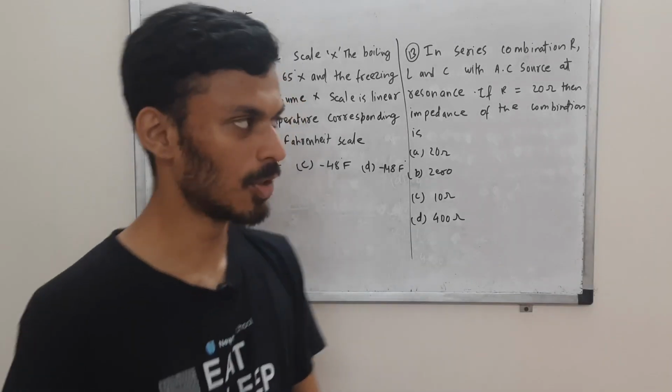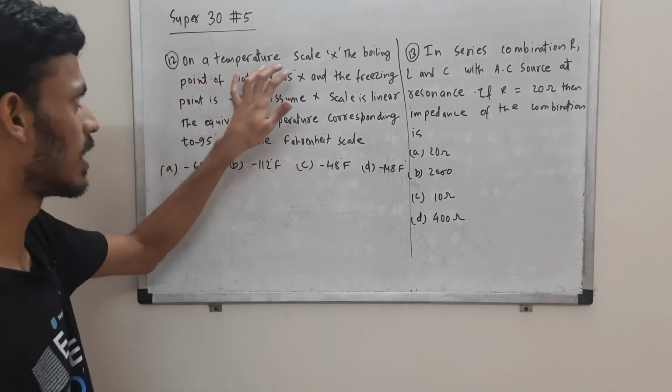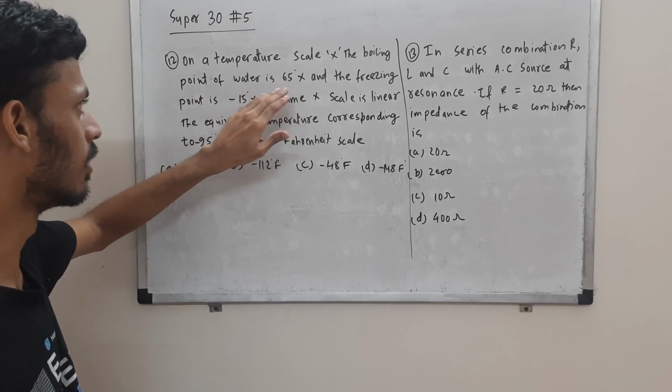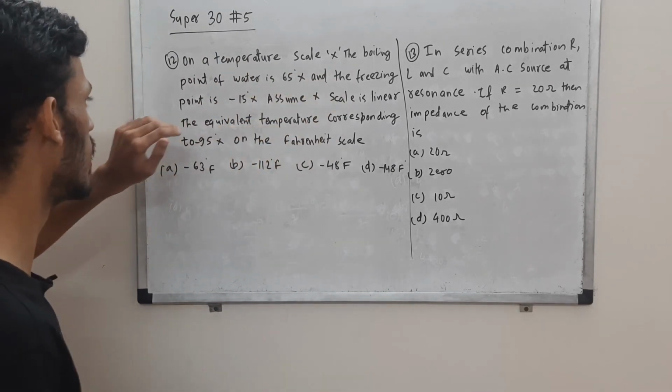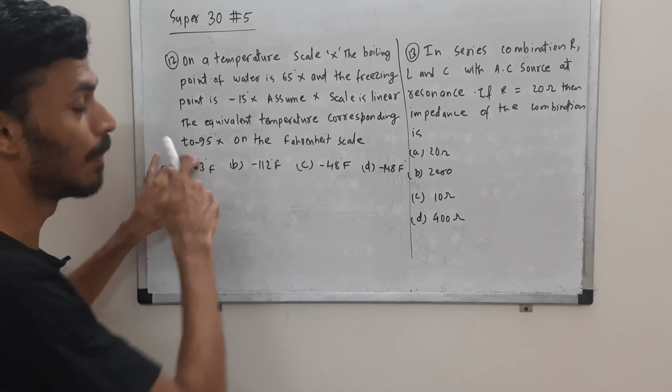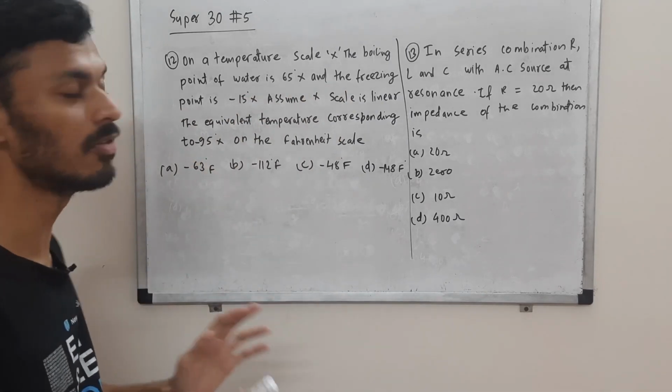Question 12 and 13 over here. In question 12, we have a temperature scale X. The boiling point of water on this scale X is 65 degrees X and the freezing point is minus 15 degrees X. You are supposed to tell what will be the value of minus 95 degree X on the Fahrenheit scale.